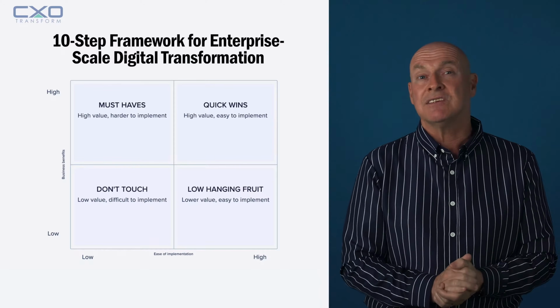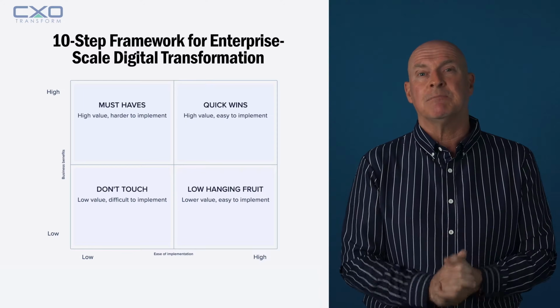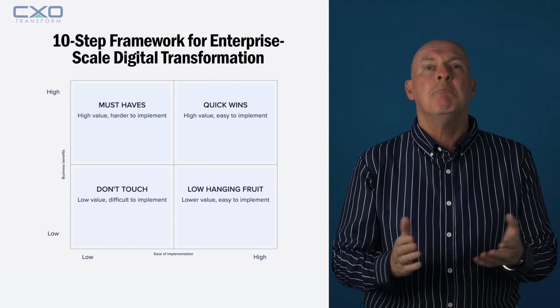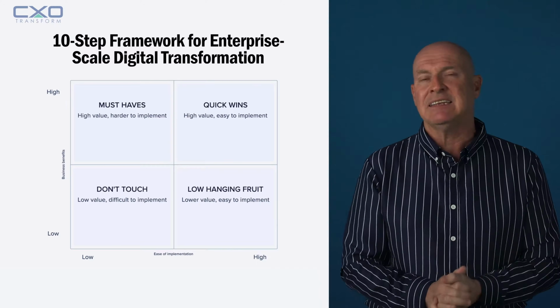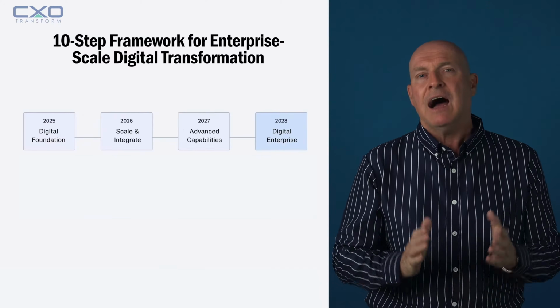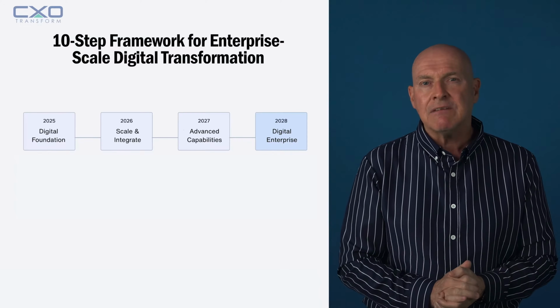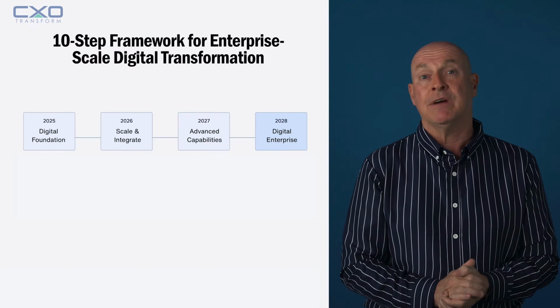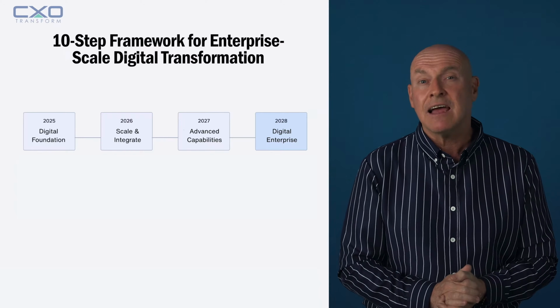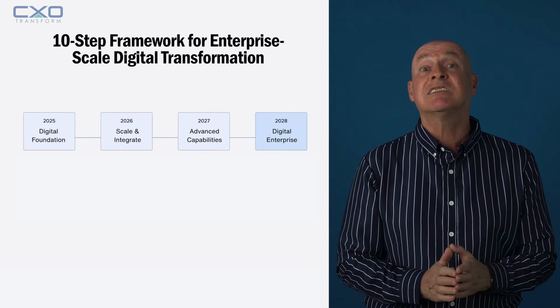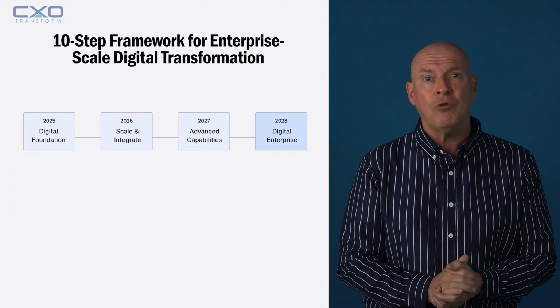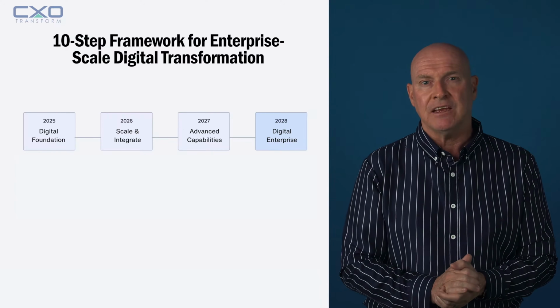These are digital use cases requiring significant implementation effort but with minimal business benefits. And these should be sidelined, at least for now. After establishing a clear understanding of the benefits of your individual use cases, it's time to define your digital transformation roadmap, which needs to be agile enough to cope with future digital change.